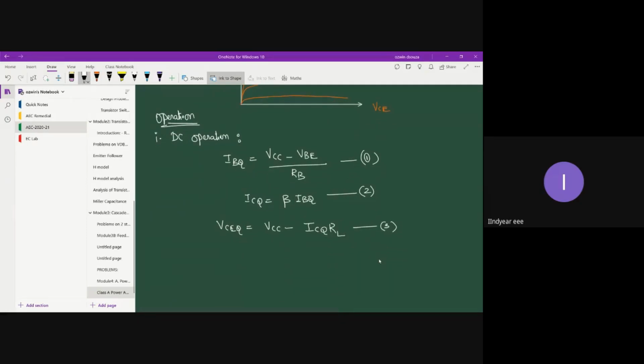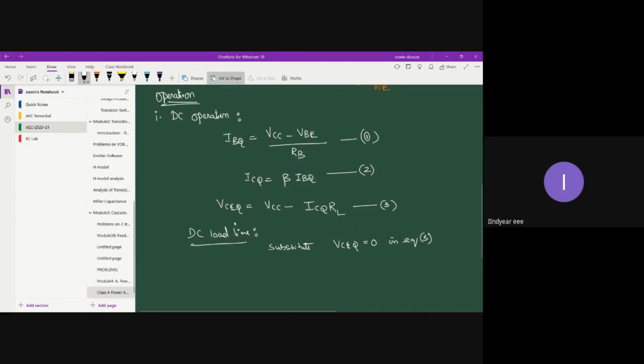So these are the performance equations. Apart from performance equations, you need to find out the DC load line, right? Because there is DC current flow through the transistor as well. To find the DC load line, substitute VCEQ equal to 0 in equation 3. That means we are assuming a short circuit condition.